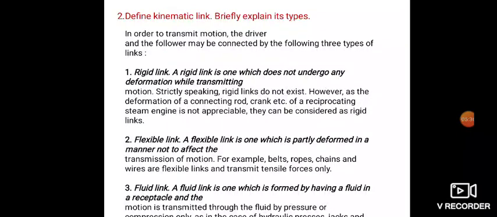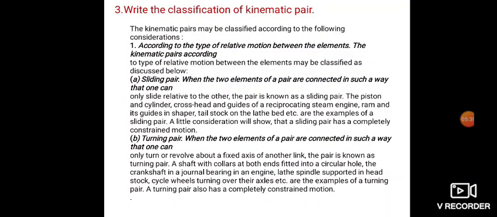Then moving on to the next question: write the classification of the kinematic pairs. Kinematic pairs may be classified according to some considerations.